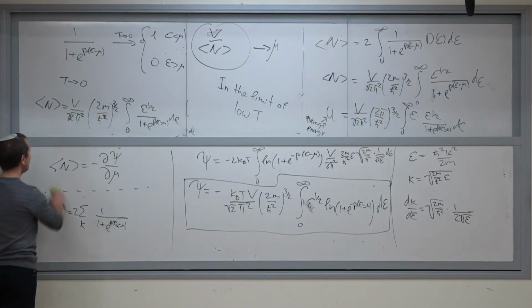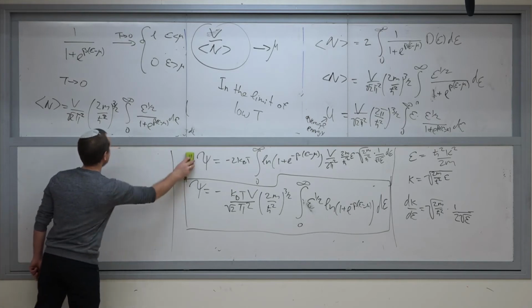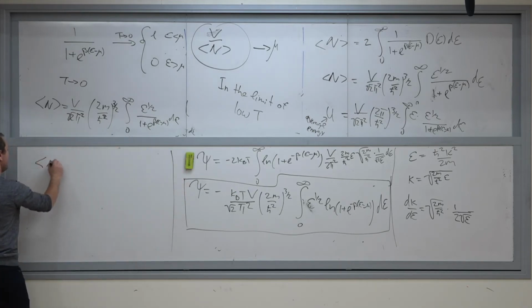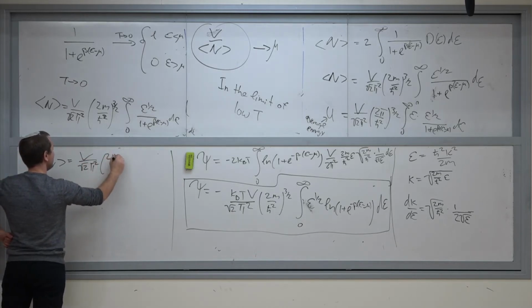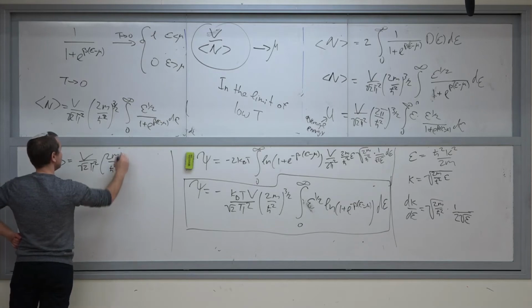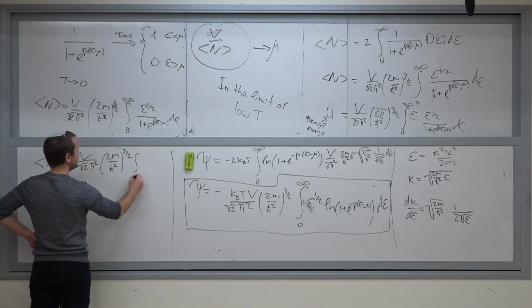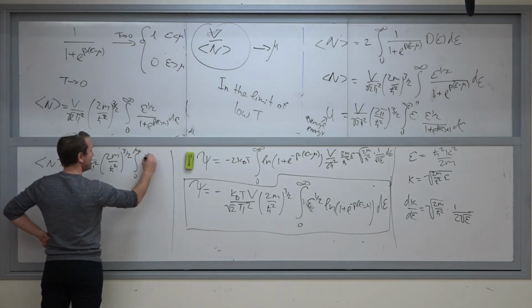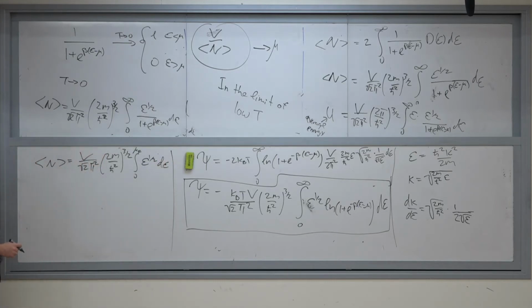What we have is n average equals V divided by 2 pi squared, times (2m divided by h bar squared) to the 3/2, and here we have an integral between 0 and mu Fermi of epsilon to the power 1/2 d epsilon.